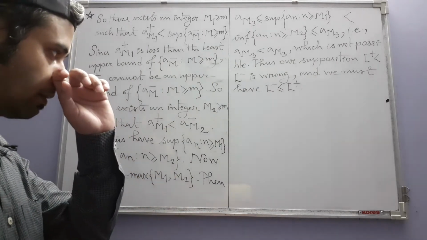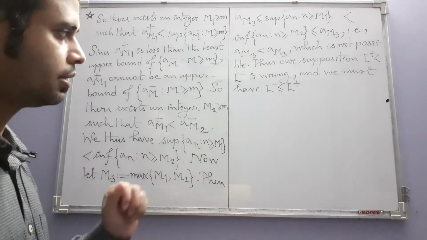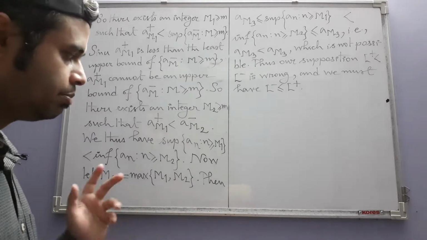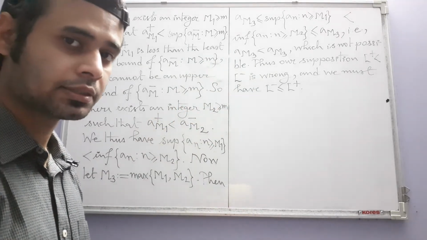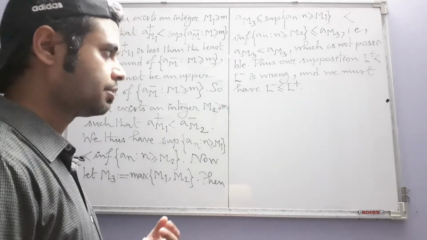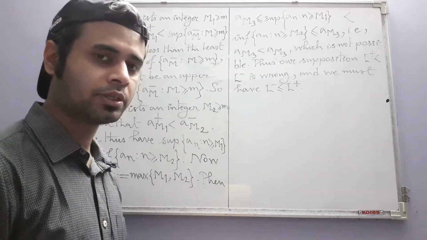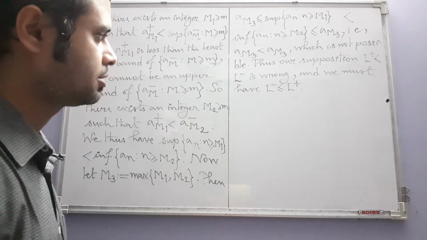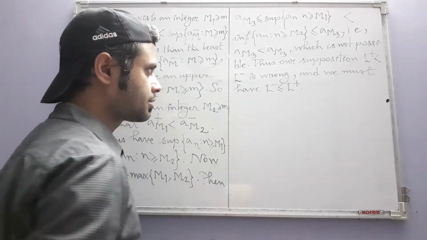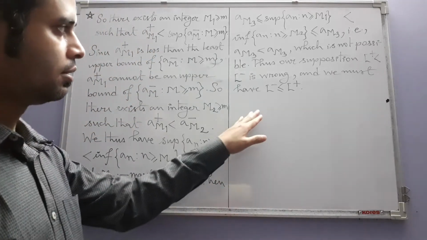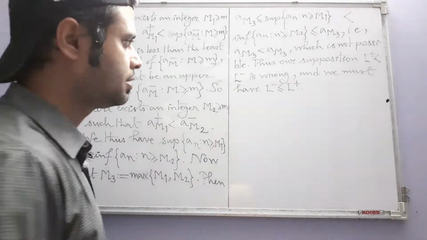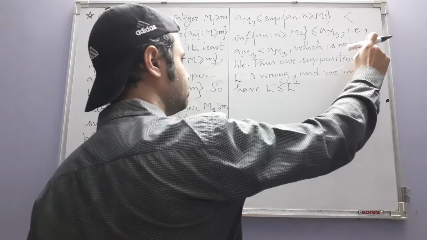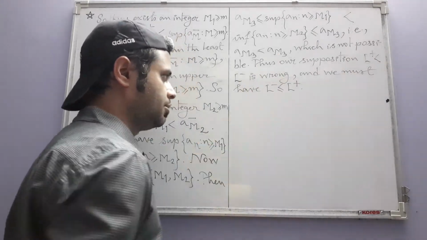And note one subtle thing here. Keep in mind that this L plus, L minus, they are not necessarily real numbers. Any one of them can be plus infinity or minus infinity. So these are extended real numbers. So then are we justified in concluding that if this is not true, then this must be true?